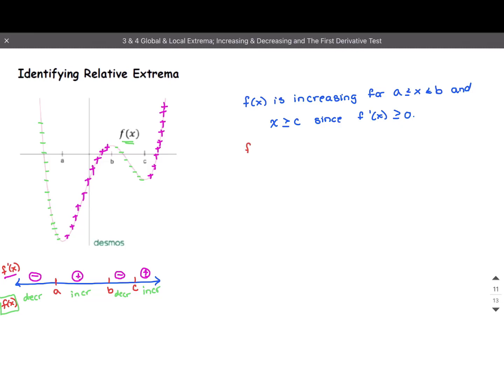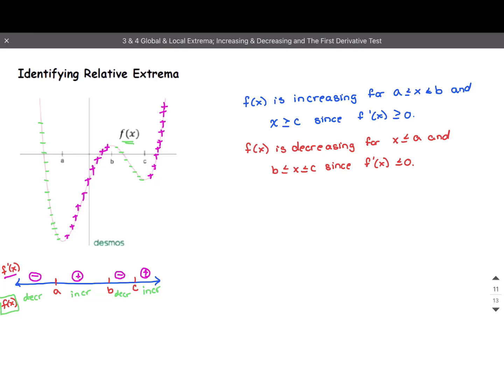We can also say that f of x is decreasing for x ≤ a and b ≤ x ≤ c, since f prime of x is less than or equal to 0.